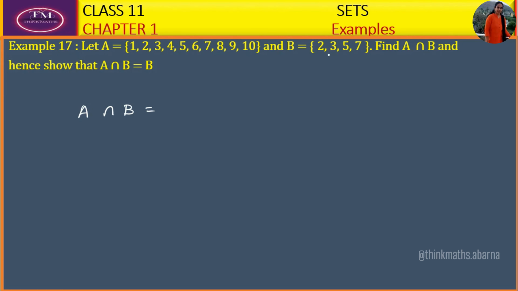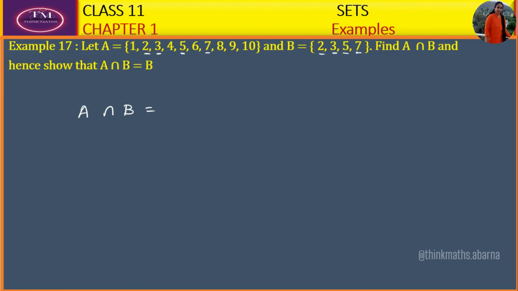No, it is not present in B. 2, yes, 2 is present. 3, it is present. Next check 4, no, it is not present in B. 5, it is present in B. 6, no, it is not present.